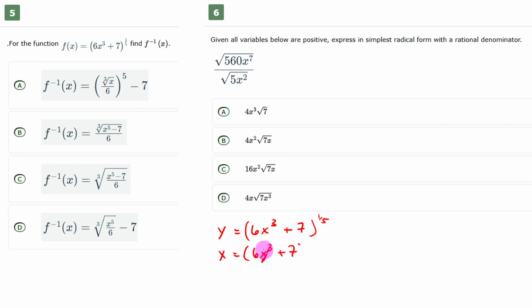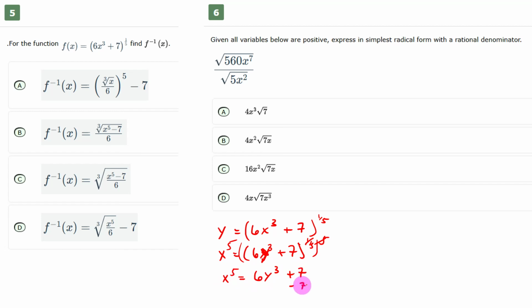Now we're going to solve for x. The first thing I'm going to do is raise both sides to the 5th power, because that will cancel out that exponent. So x to the 5th now equals 6y cubed plus 7.